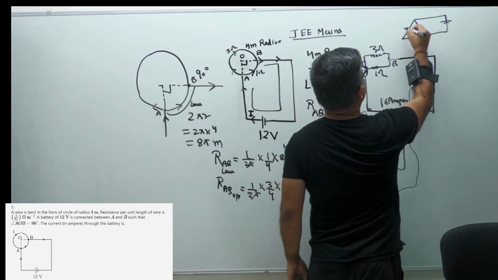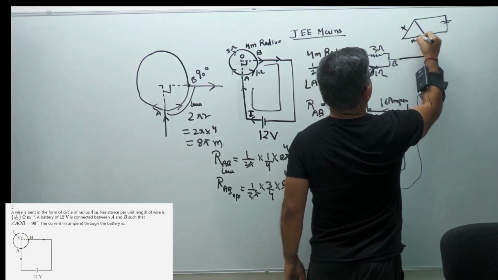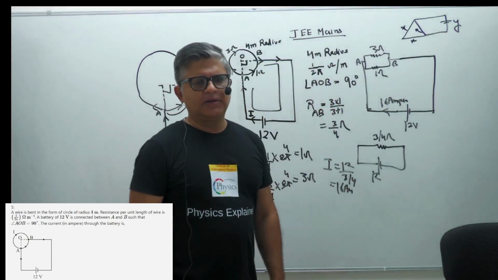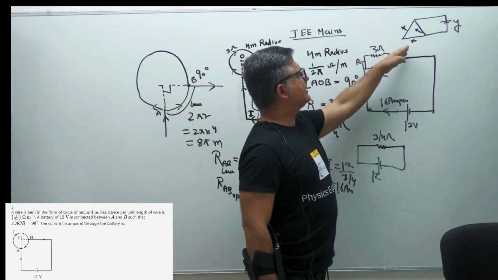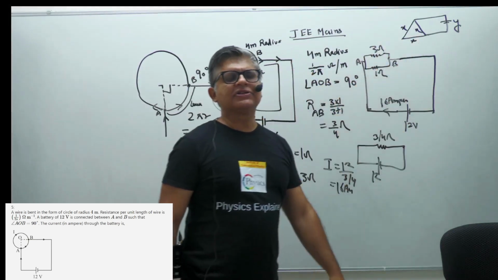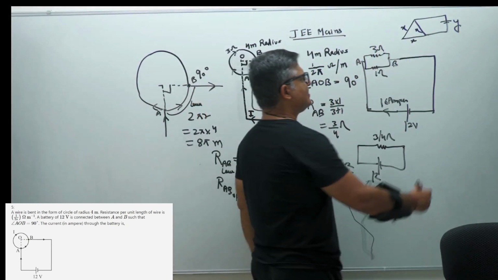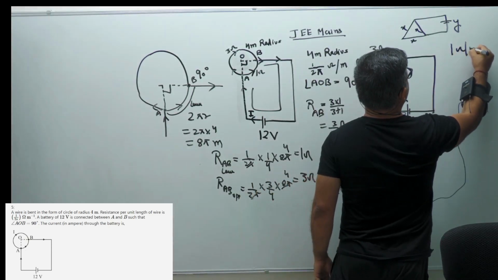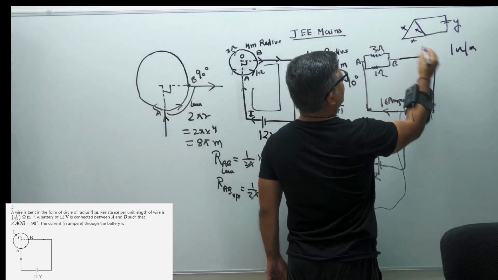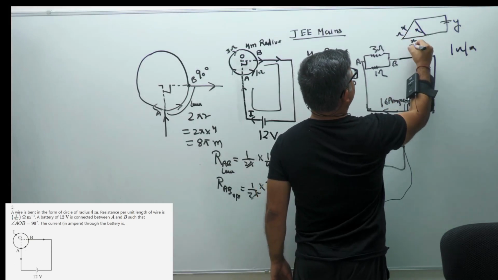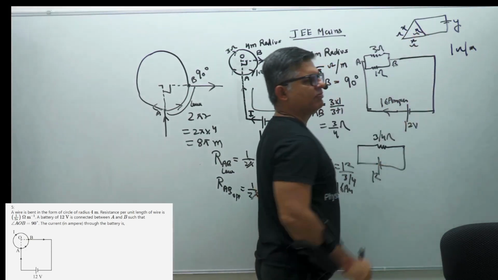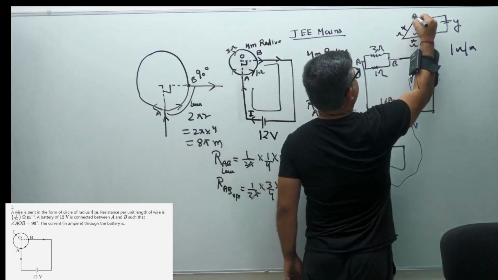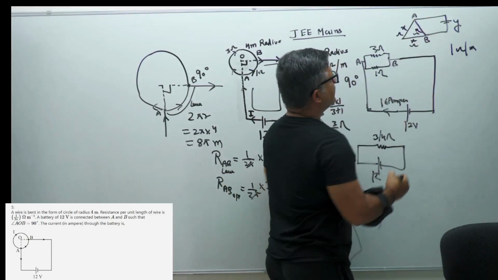So if this is, for example, x, x, and x, and this is y, so this is x meter, x meter, x meter, and assume the resistance per meter length is 1 ohm per meter, which means this will become how much? This will become x ohm, and x ohm, right? x into 1.